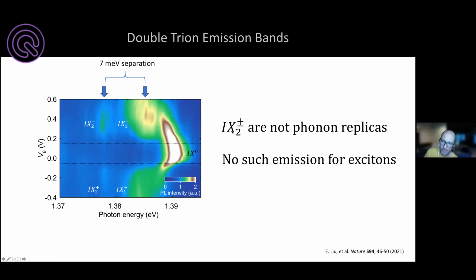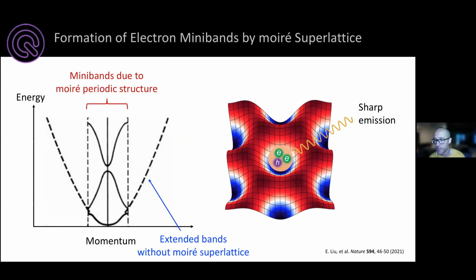And one thing I would like to say, this came up a lot in discussion while publishing this paper, is that these aren't phonon replicas. I'll actually talk about phonons in a minute. And we can show that there are no such phonon replicas for any of the other exciton peaks. These really are basically new emission lines coming from the mini band structure of the Moiré potential. And so it's really just coming from essentially a zone folding of the band structure that you get from having this new periodicity that comes from the Moiré potential.